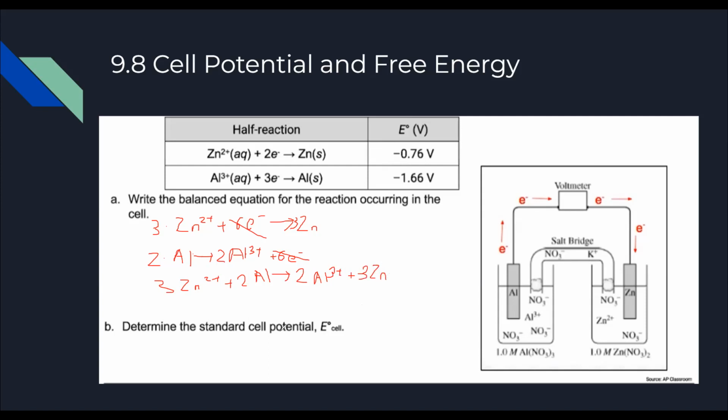Now it's asking us to determine the standard cell potential, E° cell, and so what we have to do is E cell is E cathode minus E anode. E cathode would be Zn, so that would be negative 0.76, minus aluminum.